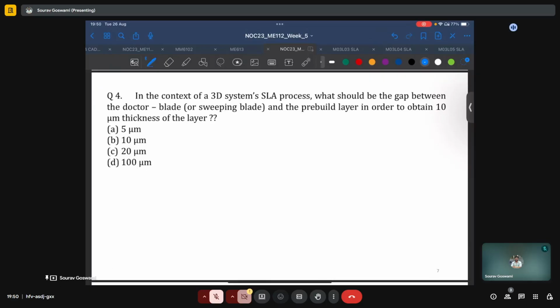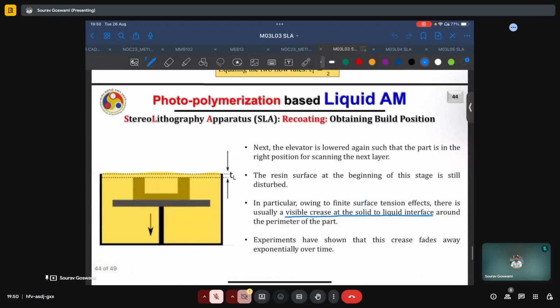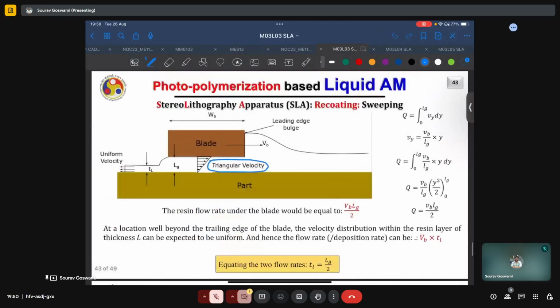Question 4 asks us, in the context of 3D systems SLA process, what should be the gap between the doctor blade and the pre-built layer in order to obtain 10 micrometer thickness of the layer? So let us just quickly revisit the relevant slide to talk about it.